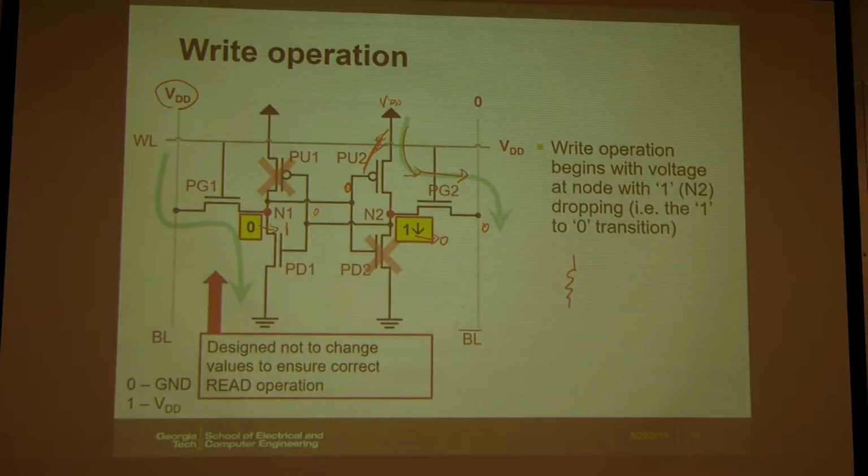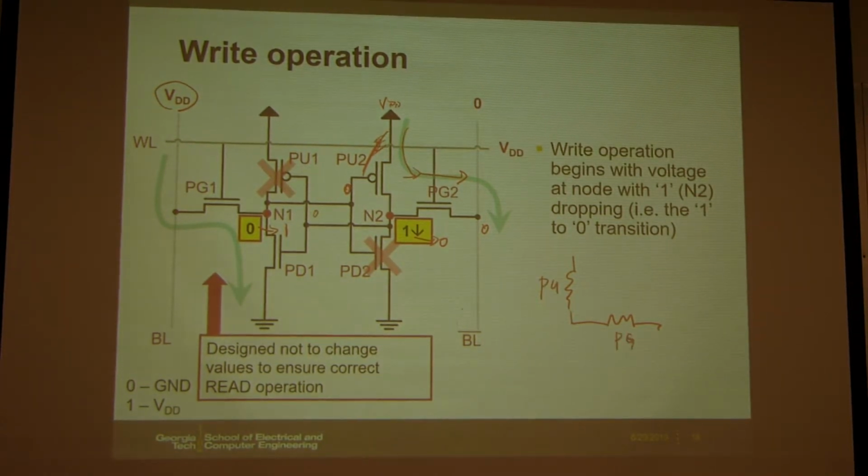So you can still think that two transistors are like two resistors. And this is your N2 node. So now you want N2 to be as small as possible, right? Because initially N2 is 1. Now you want to have N2 become 0.